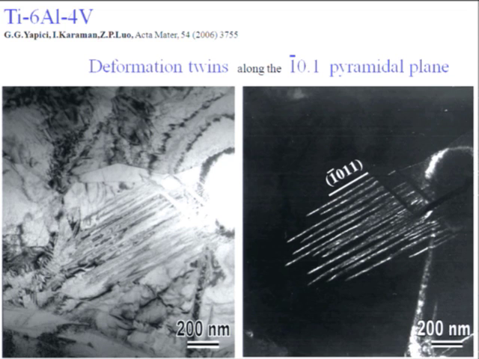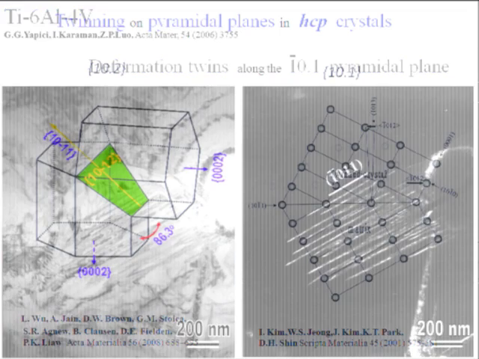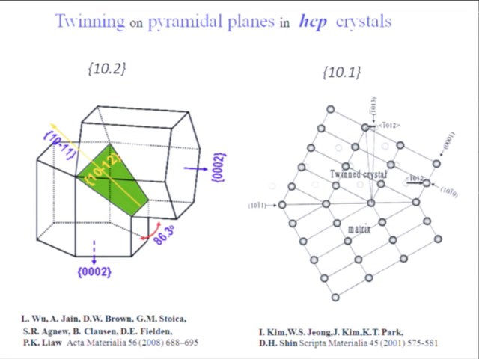This is another example of titanium, of a titanium alloy, which is very commonly used in engineering, and you can see these beautiful pyramidal twin lamellae in the dark field image and also in the bright field image. This is a cartoon showing how twinning on the pyramidal planes occurs.